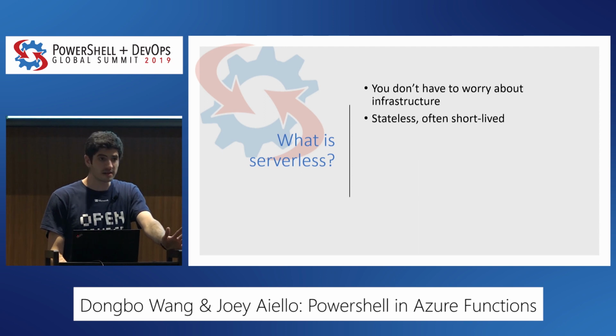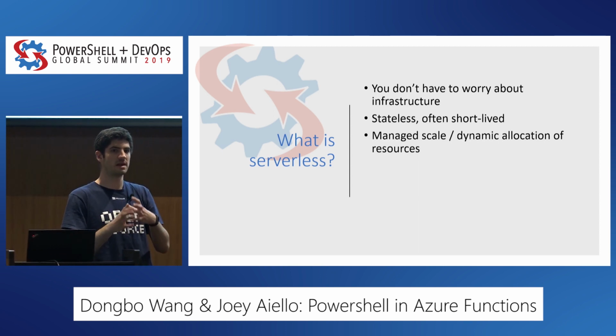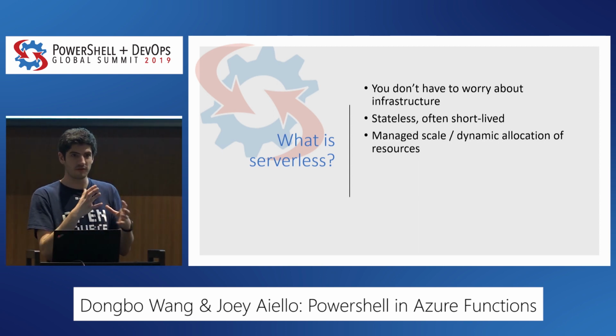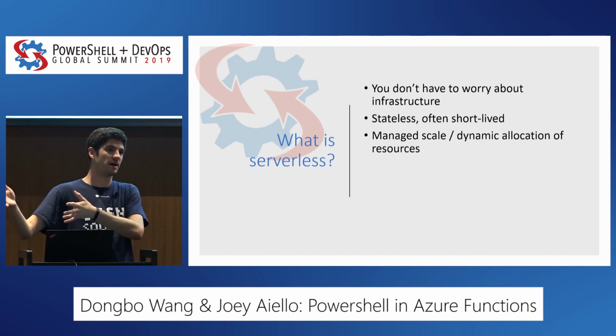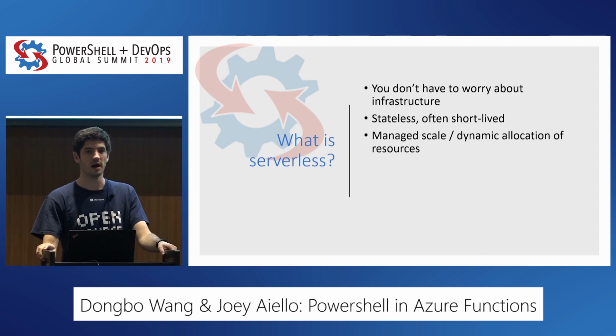Serverless is also typically stateless and short-lived. So because of that, you're not keeping all of your state stored within a VM. You're using serverless storage or queues or tables or what have you to keep your data in state.